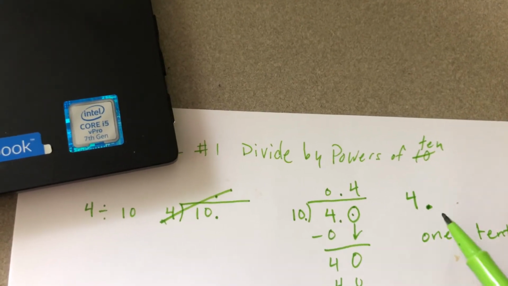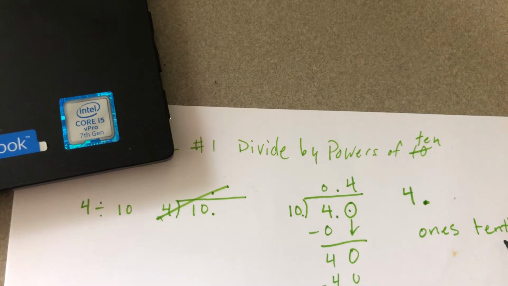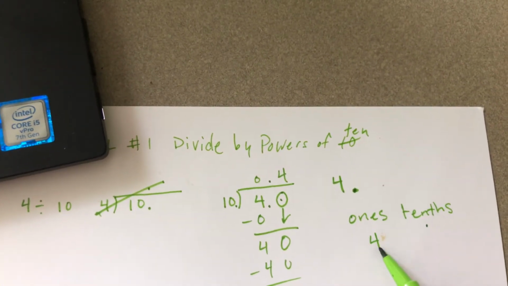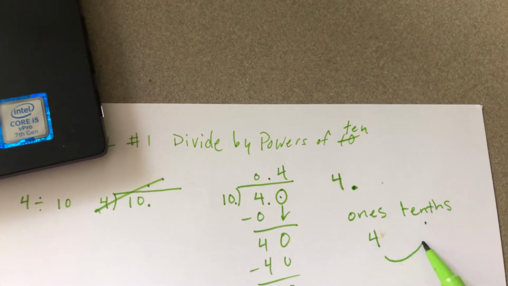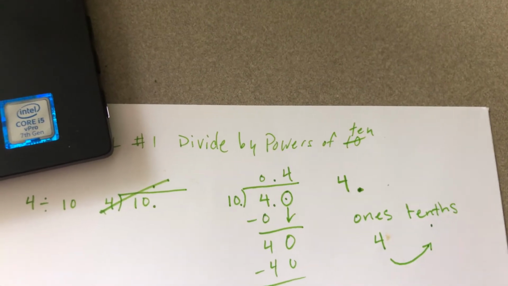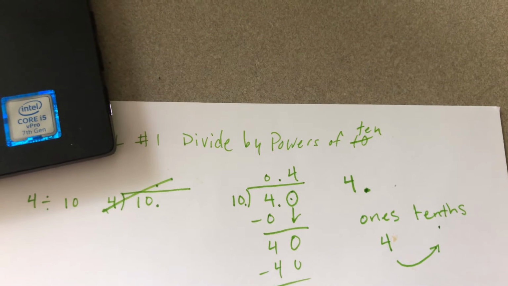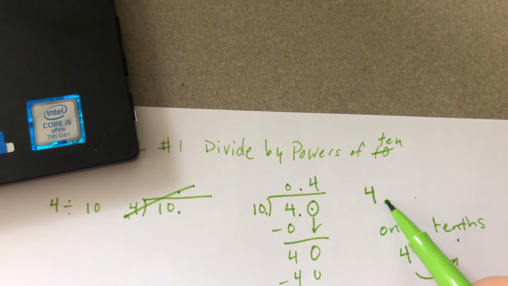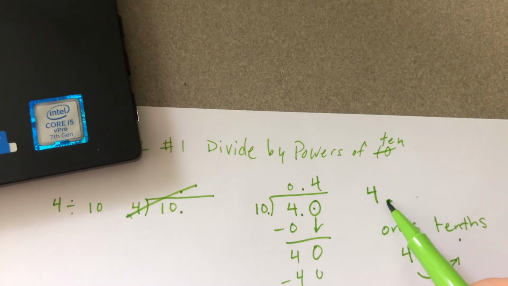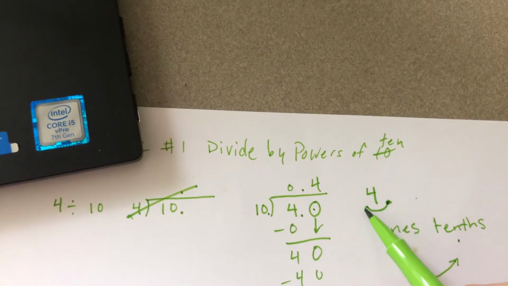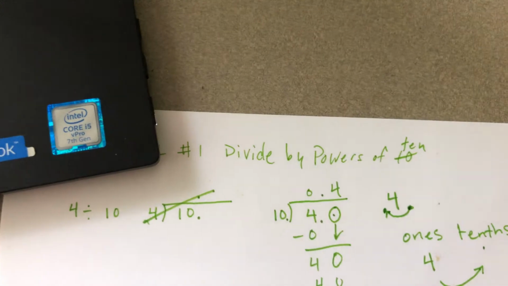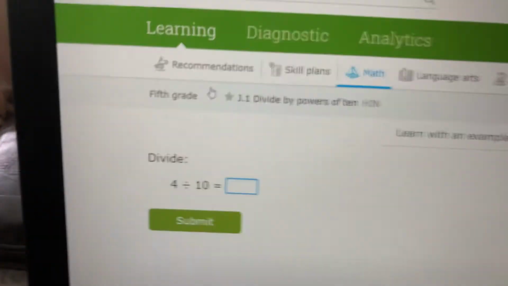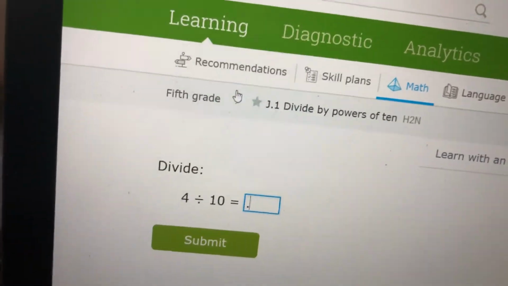So dividing by 10, the 4 is now in the tenths place, okay? So the 4 goes from the ones place, and it goes over to the tenths place, because you're dividing by 10. But what's happening with the decimal, if you think of where the decimal is at, the decimal is actually scooting over to the left. Okay, so you have one number to the right of the decimal, it's the tenths place. Okay, 4 tenths is what we should get here.